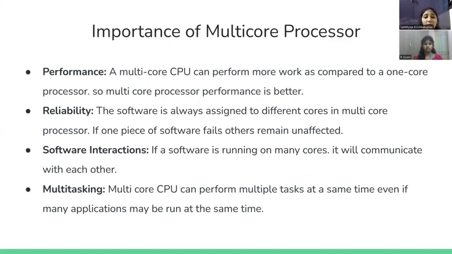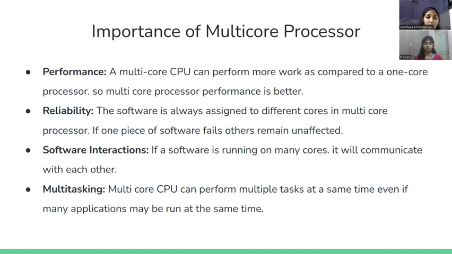Next, reliability. A multi-core processor offers improved reliability by isolating processes across different cores. If we encounter a software crash in one core, the other cores remain unaffected, allowing the system to continue running other tasks without any interruption.